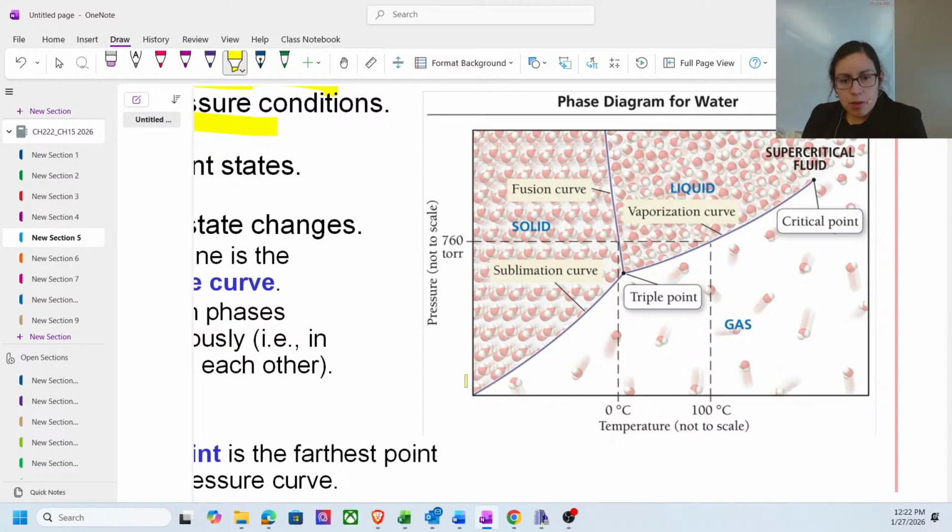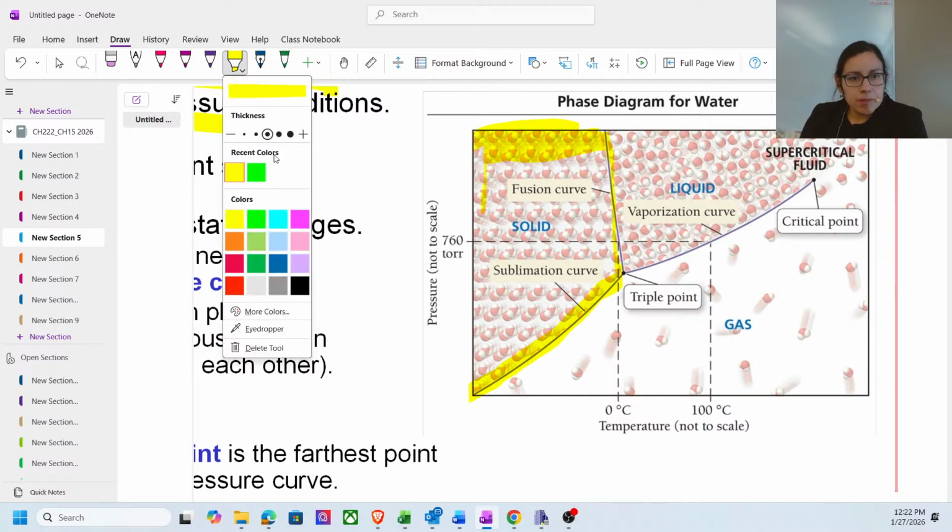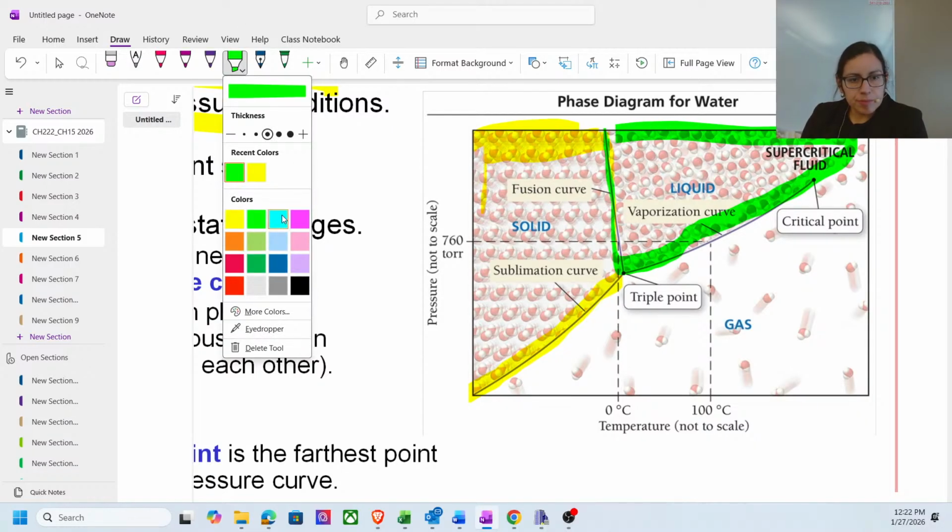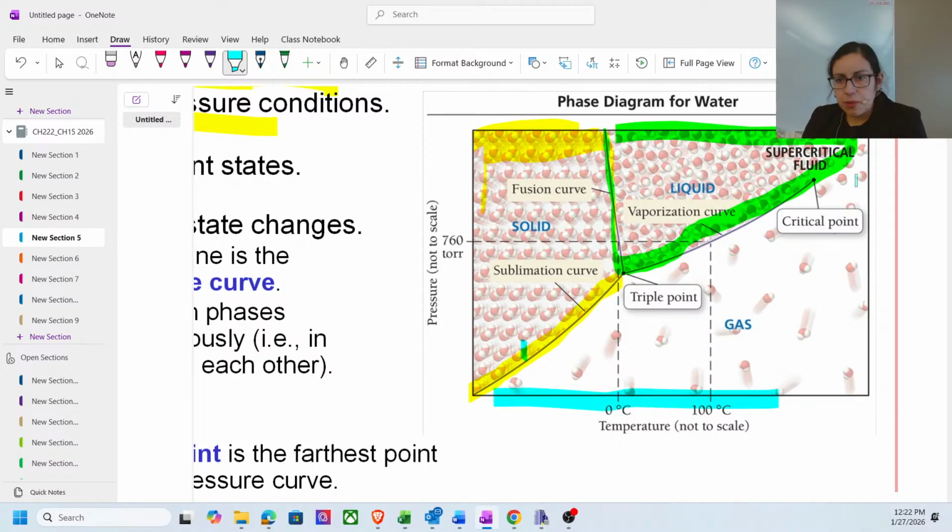In general, you have your solid on the left side over here, then you'll have your liquid in your upper right, and then a gas on the bottom. So you should have some defined regions.